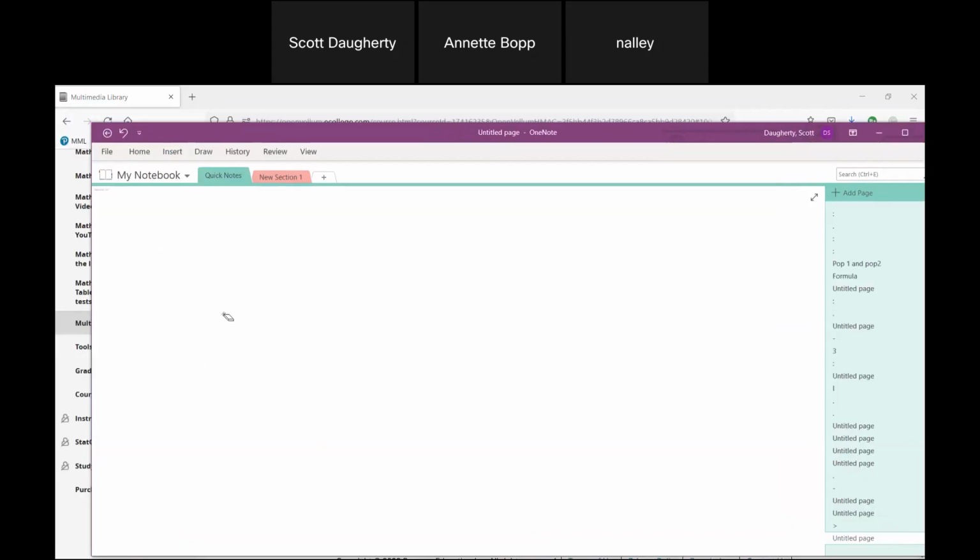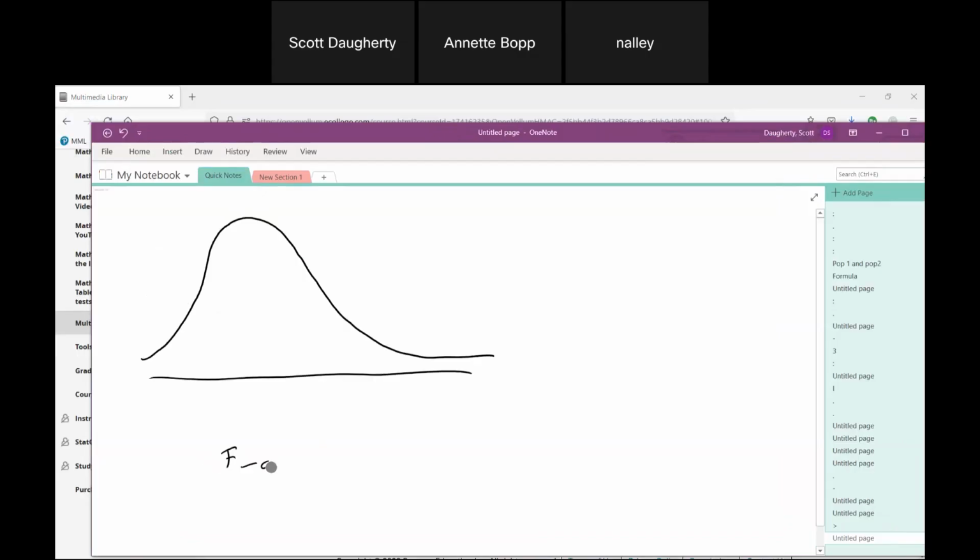Okay, so basically an F distribution looks like this. It's not symmetric. The values of F start at 0. These are going to be called F values, just like in a t distribution, these are called t scores.